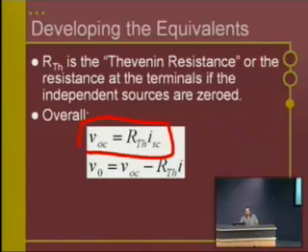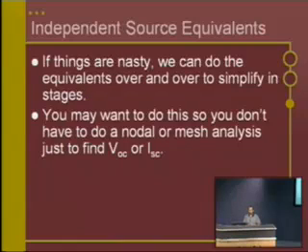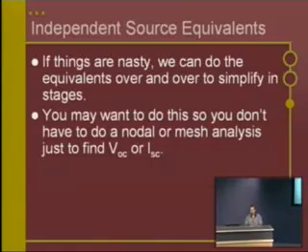And we started doing some examples, first simple ones and then some slightly more complex ones. One of the last problems that we did, I guess yesterday, was where we did the multiple Thevenin equivalents going across the circuit.